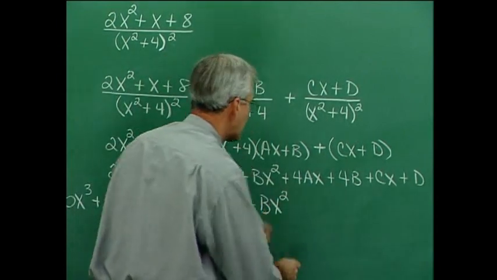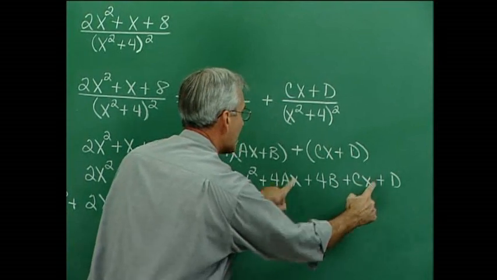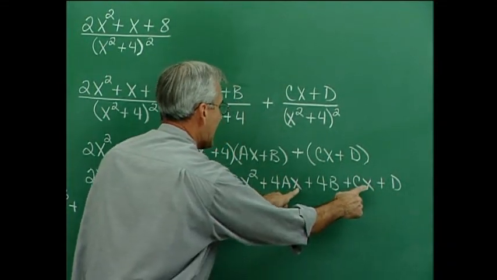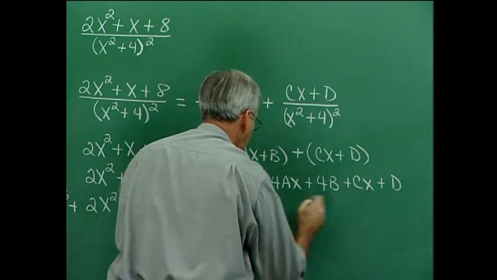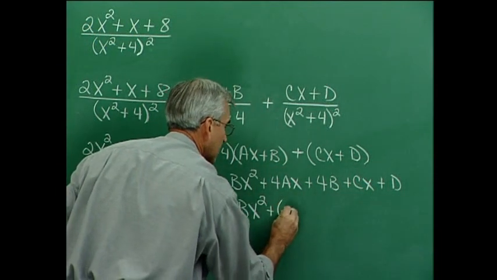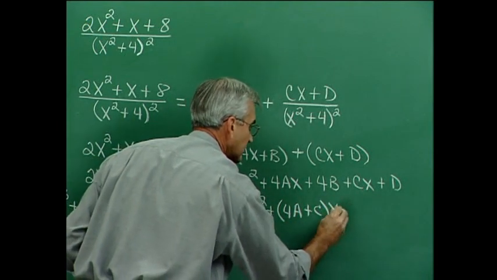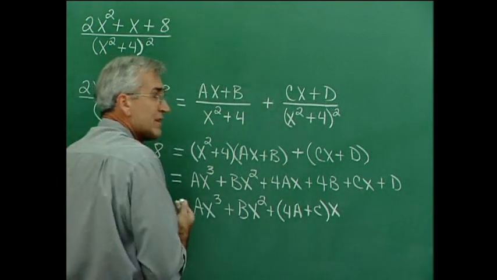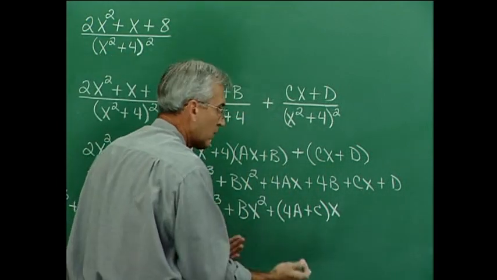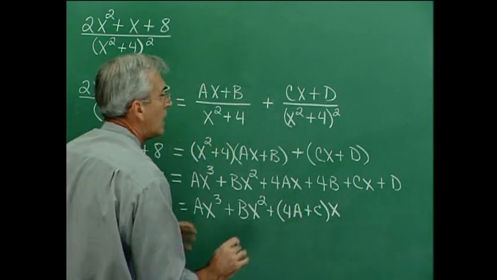Now, what about for x? Well, I have an x here and an x here. I can factor the x out of those two terms, and I have x times 4a plus c. Or I can write it as 4a plus c times x. Usually, if we're looking at a correspondence to our previous experience with polynomials, we would write the coefficient to the left of the variable.